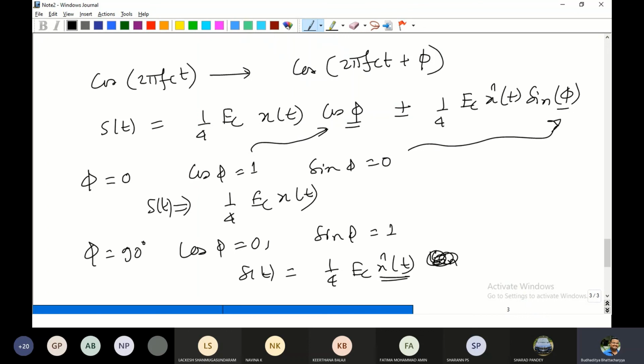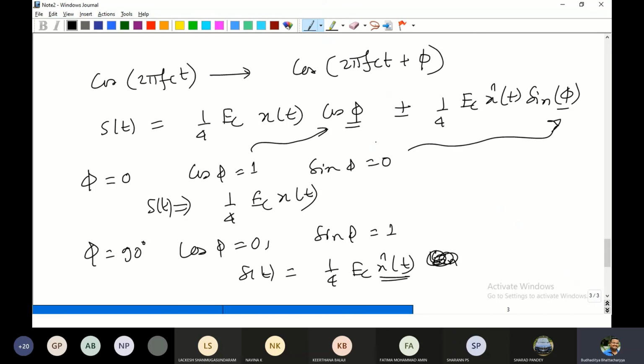For example, the audio signal has a frequency band of 40 hertz. So the upper and lower sidebands, you can imagine, will be very tightly spaced. So definitely the SSB or suppressed carrier method cannot be applied on such a signal. All right, so that is one of the biggest drawbacks of it.